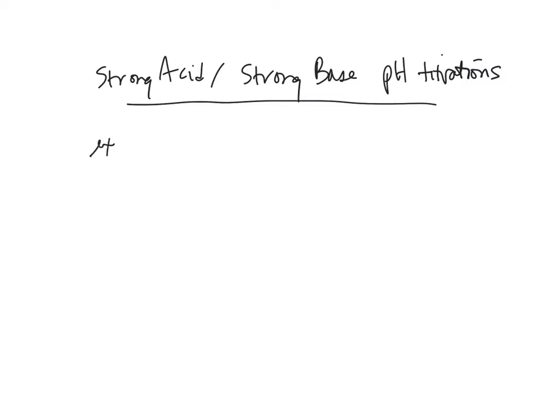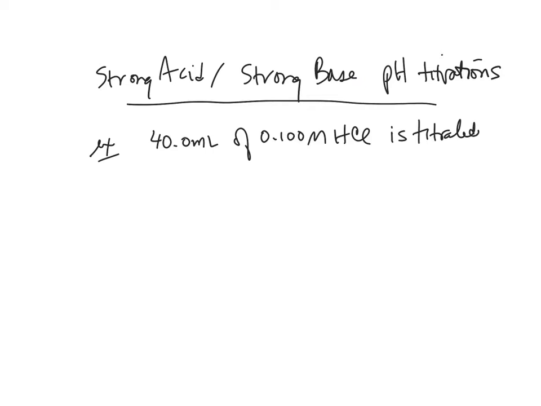So in this example, we have 40 milliliters of 0.100 molar HCl, and it is titrated with 0.100 molar NaOH.